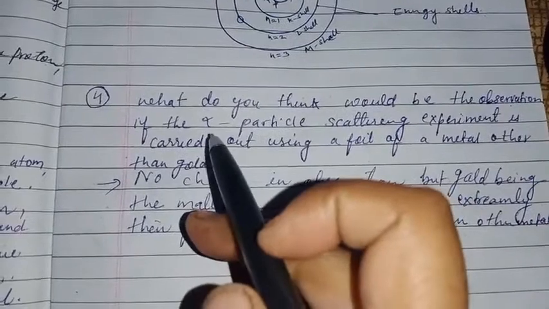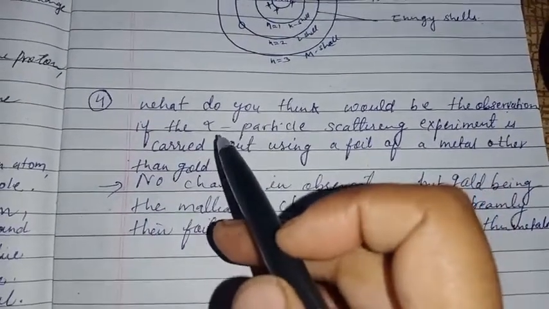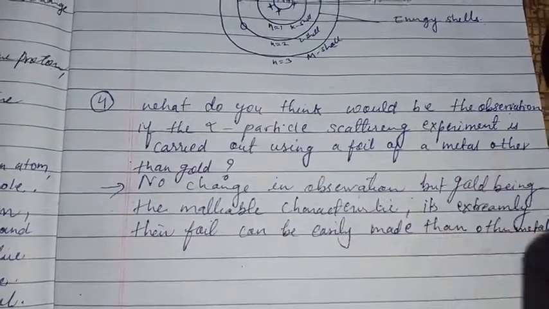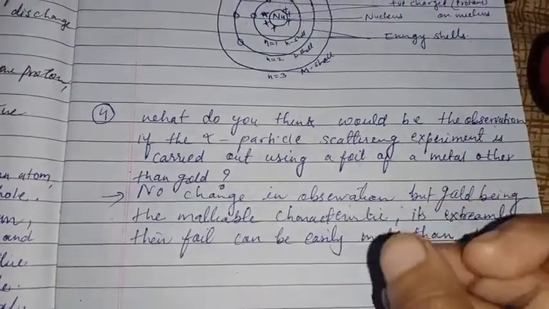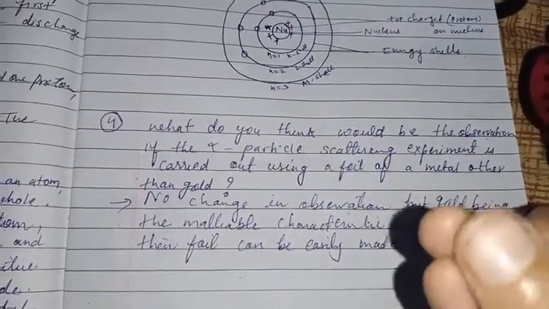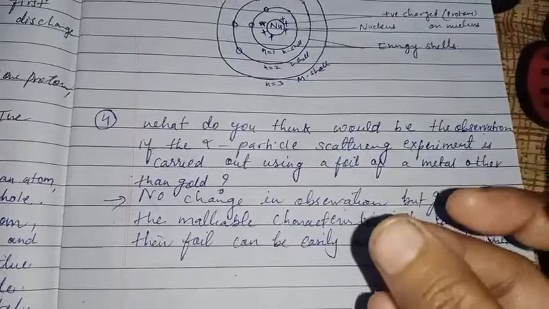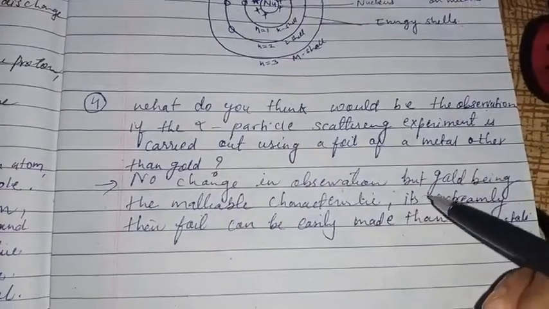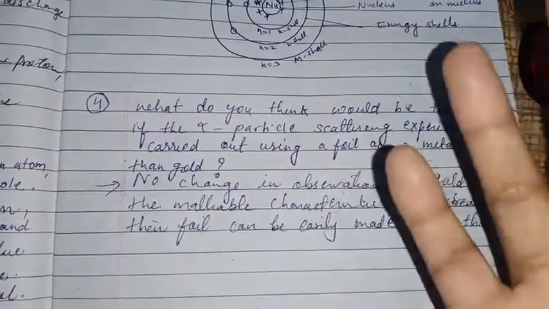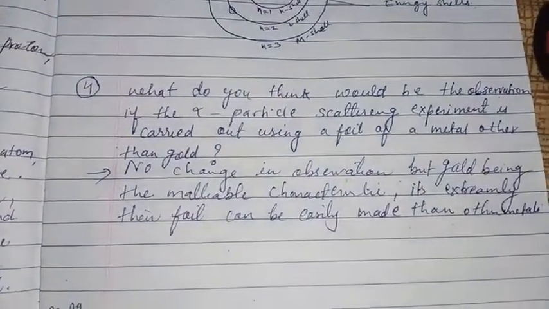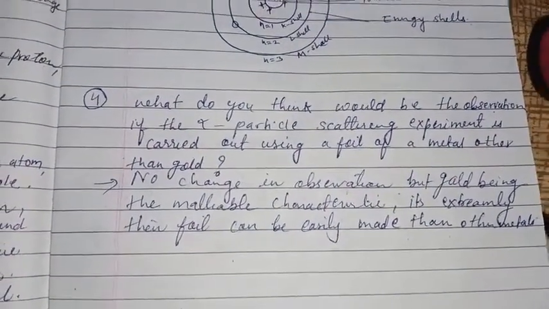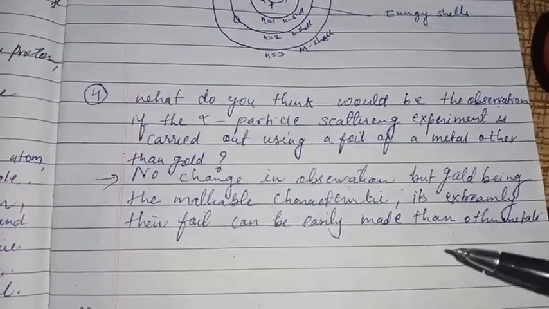If you recall this alpha particle scattering experiment, there you had to take an extremely thin foil of the metal. Gold is a very malleable metal, or you can say it has the property of malleability.